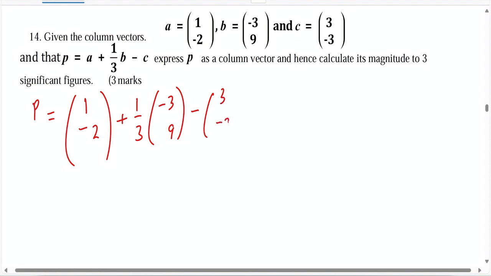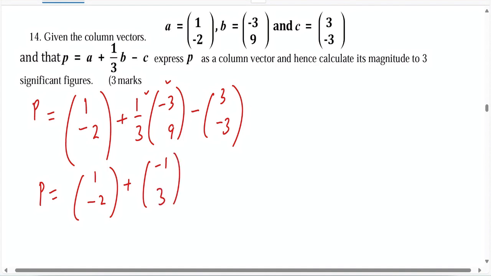So which is this? Okay. So first open up the third B, so itakuwa ni 1 minus 2 plus a third times negative 3 ni negative 1, na a third times 9, it should give us 3, minus 3, minus 3.